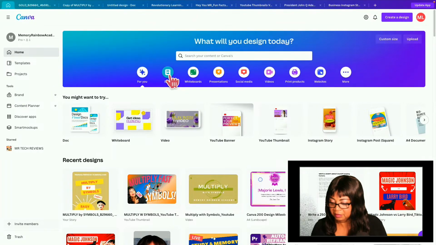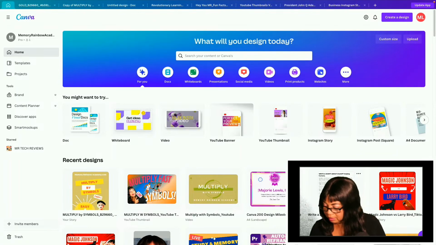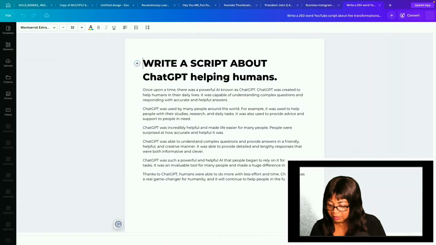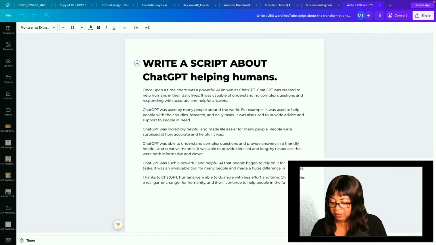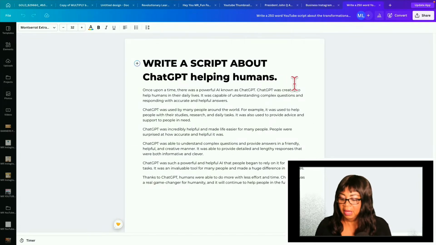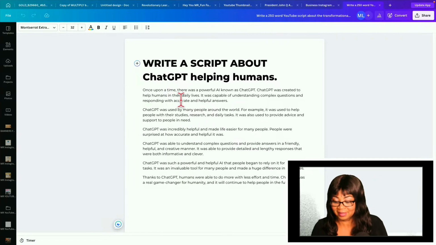Let me see if I still have something that it wrote, which I thought was very interesting. Oh yeah, I said, write a script about ChatGPT helping humans, right? This is just amazing. It says, once upon a time, it's cute that it started. Once upon a time, there was a powerful AI known as ChatGPT.